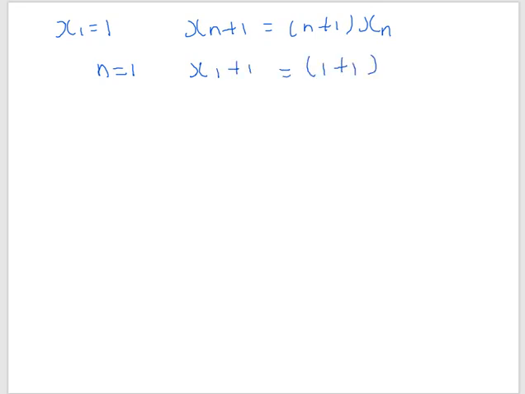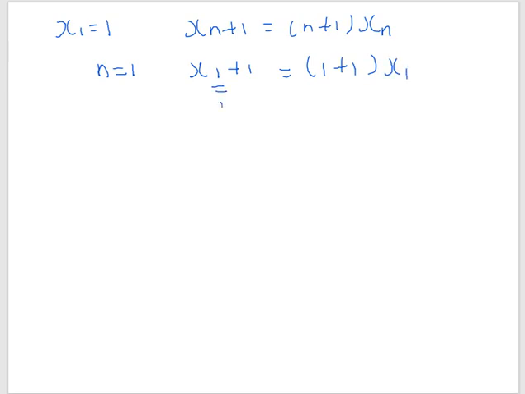Okay, let's look at how to solve it. You are given x1 is 1. Then x(n+1) is (n+1) xn. So we try to put n as 1. Then you will find that x(1+1) equals (1+1) x1.